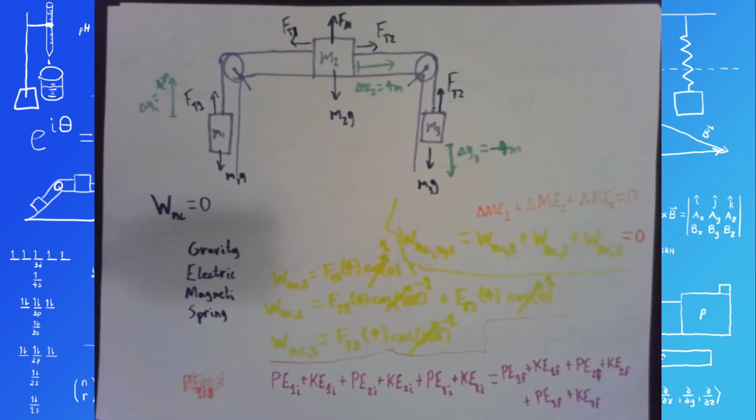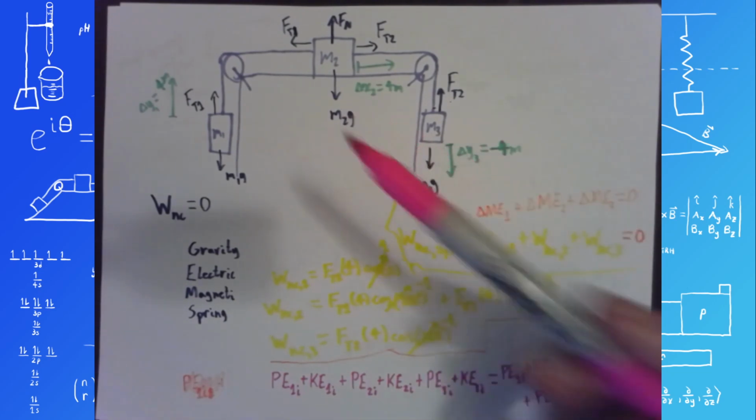Anyway, let me go ahead and get rid of the things that will be 0. So I guess first I need to define my 0 line for potential energy, and I can do that separately for each object. I don't have to use the same 0 line for all objects. I can give each object its own 0 reference line for potential energy.